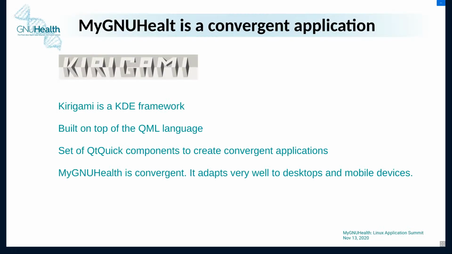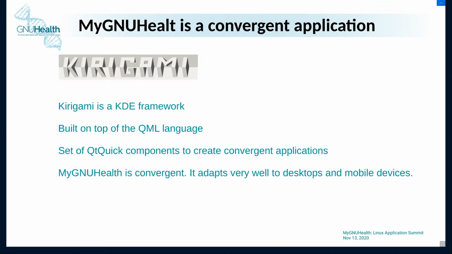Now, one of the good things about Qt and the KDE framework is this component called Kirigami that allows us to make MyGNUHealth convergent, and that means that it will adapt to different scenarios.